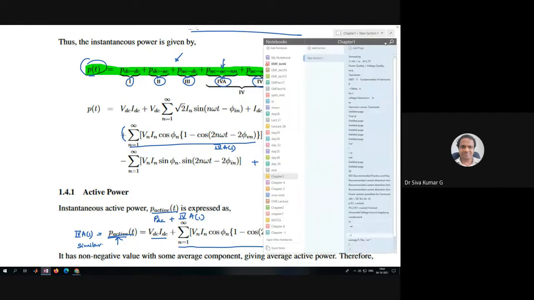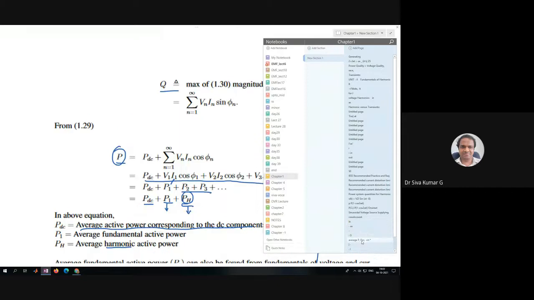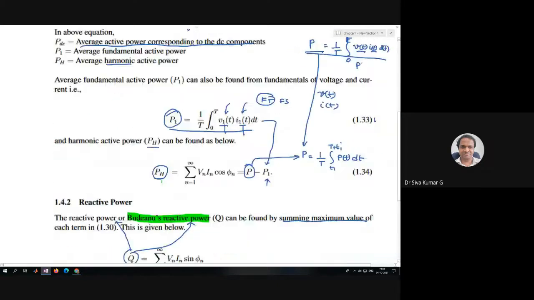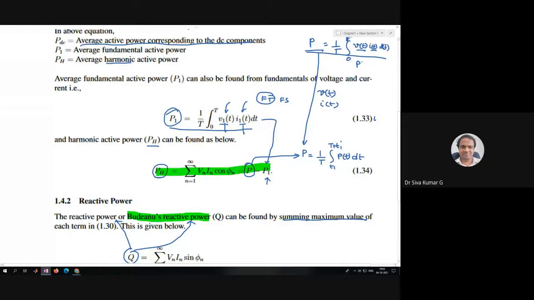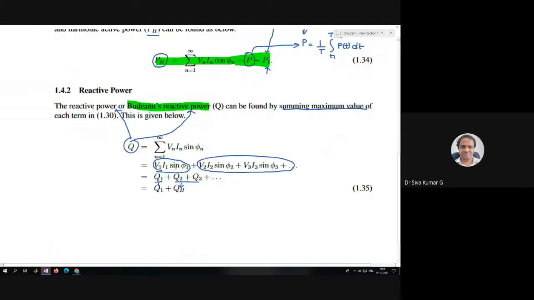But while calculating the active power and the reactive power, we use this kind of methodology. If you want to really find out the reactive power, we need to find each individual voltage harmonic as well as each individual current. Okay, then only can we find this reactive power.